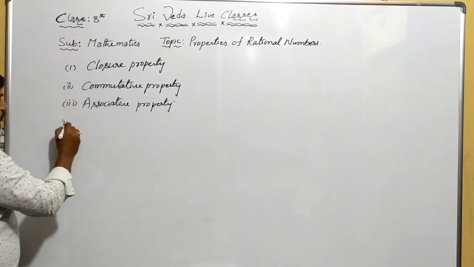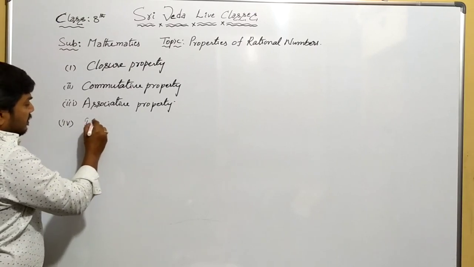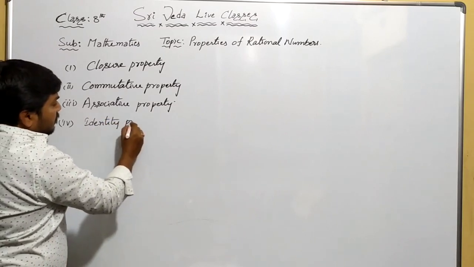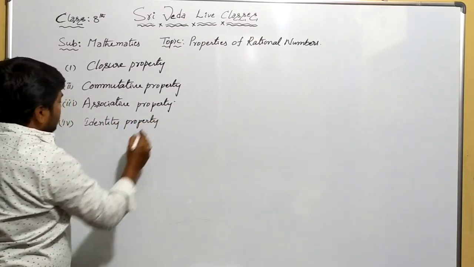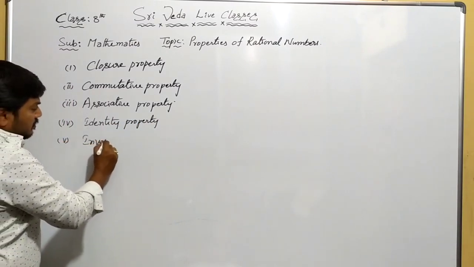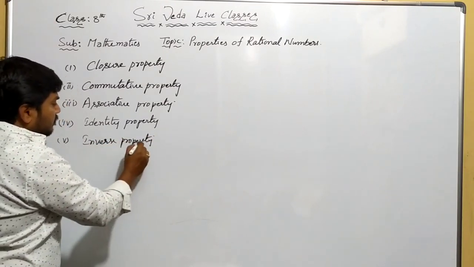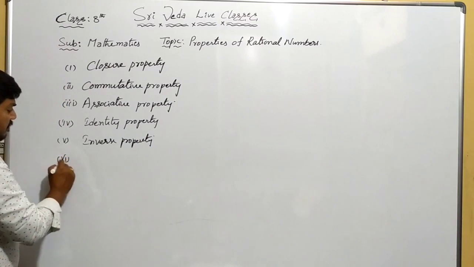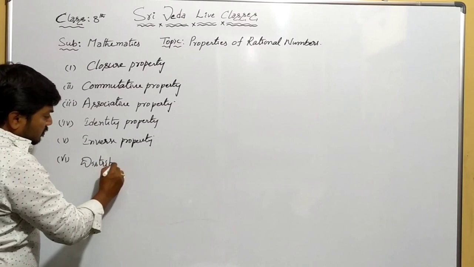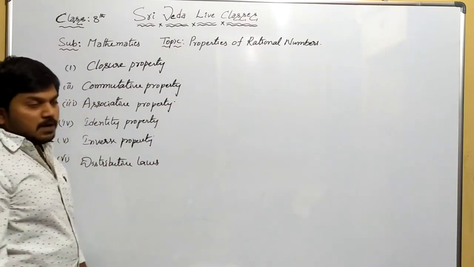Next, fourth one, identity, existence of identity property. So fifth one, inverse property. So next sixth one, distributive laws. Distributive laws or distributive properties.